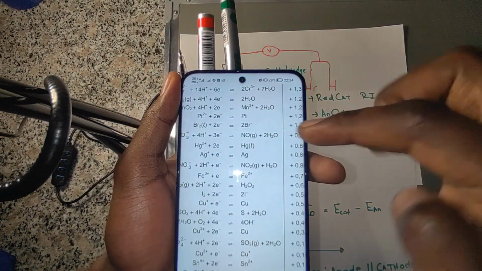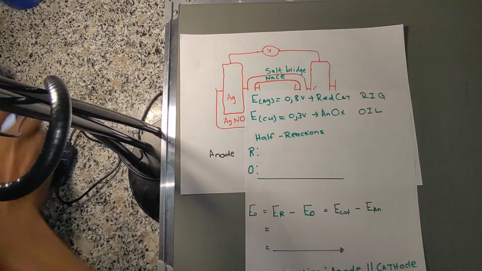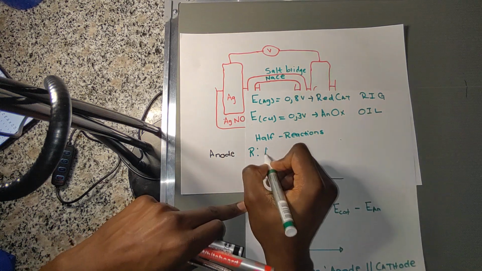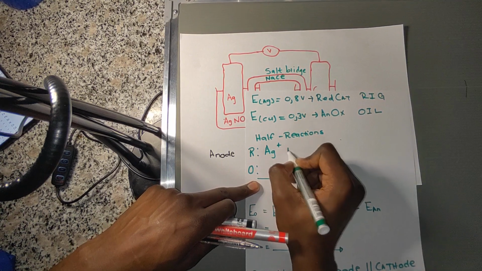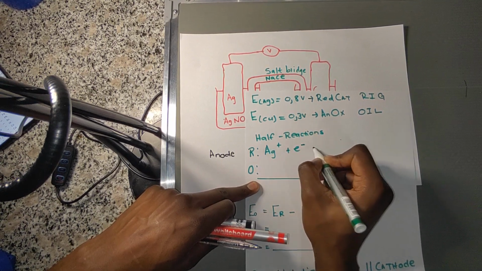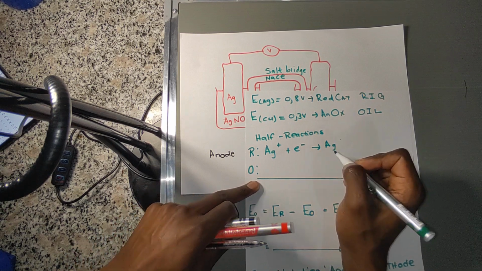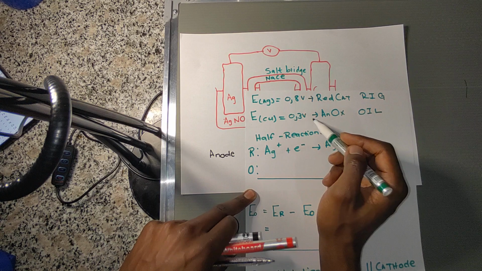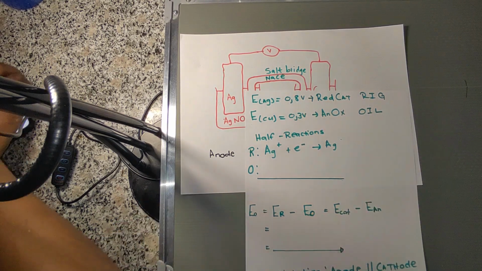For reduction, you always take the reaction as it is. So this will be Ag+ plus an electron producing a silver metal. And then that means this one is undergoing oxidation. For oxidation, you always write down the reverse reaction.